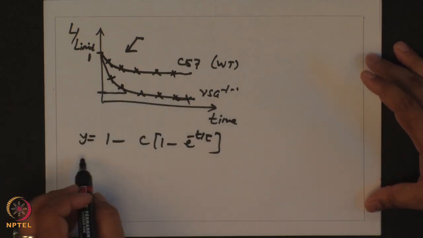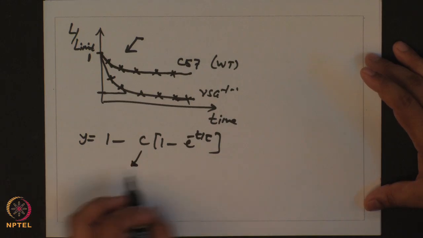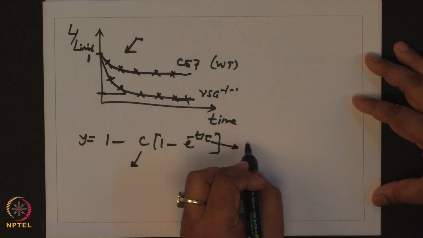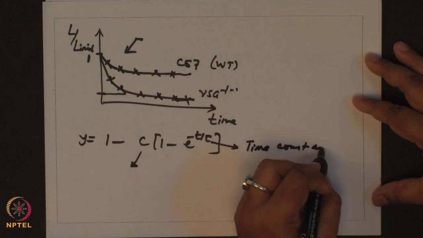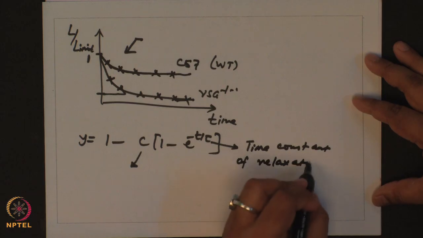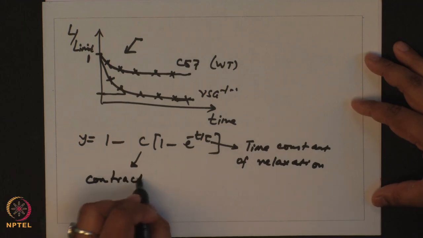You fit it with the following expression, and you can backtrack two values, one is c and one is tau. So, tau is a characteristic time constant of relaxation, and c is an estimate of contractility.